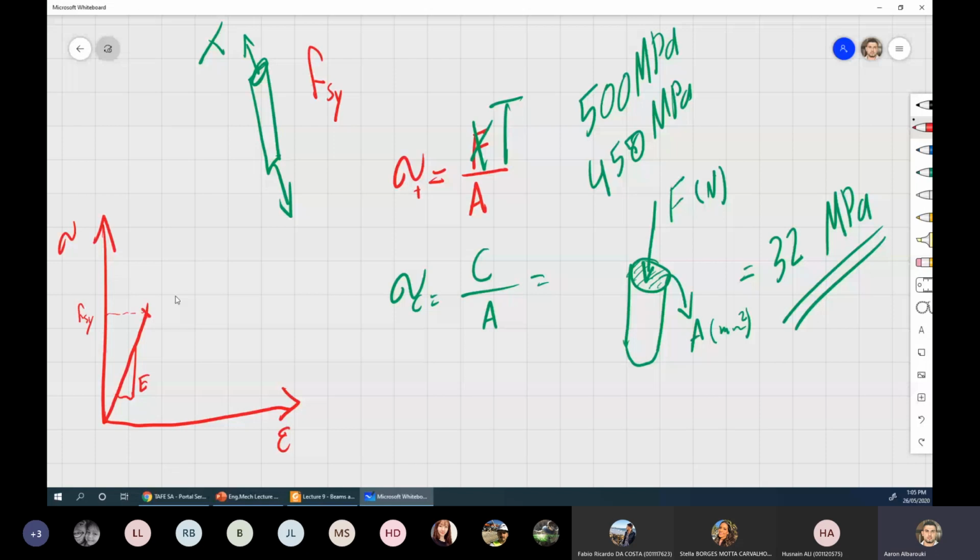The standard design for most of the engineering work we do is within this area here. That's what we need to know, because after this point the material will give up and start going into permanent deformation. We don't want to get there.